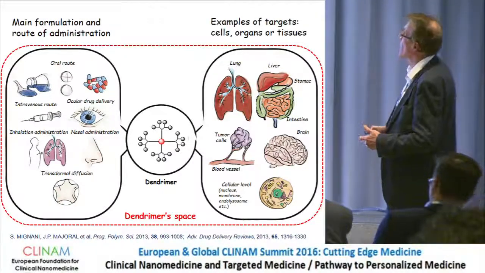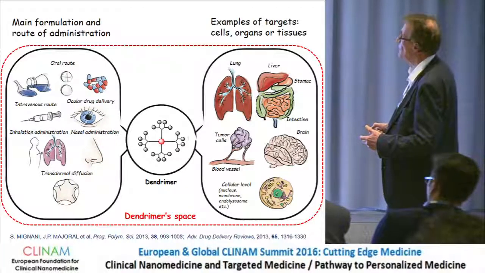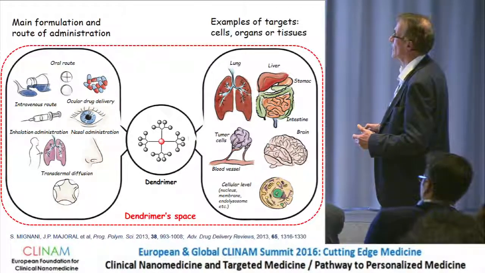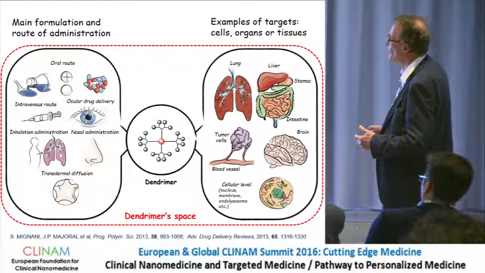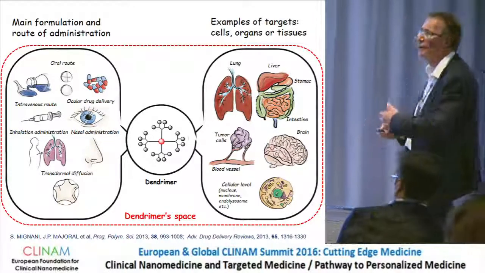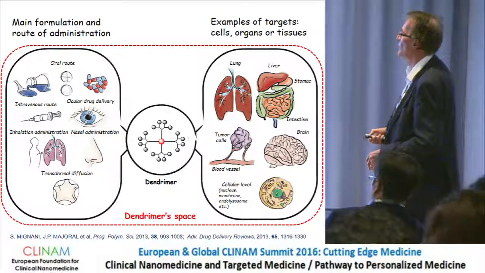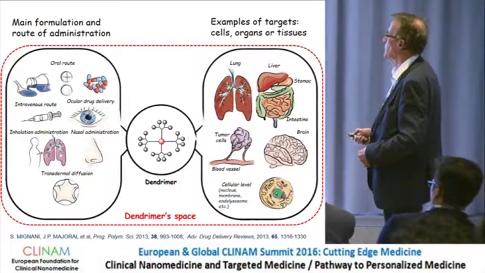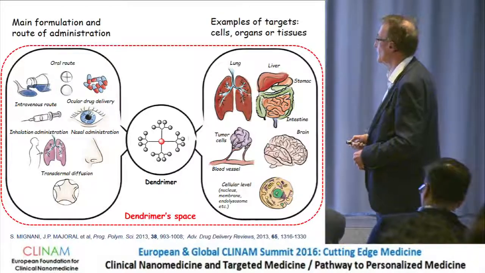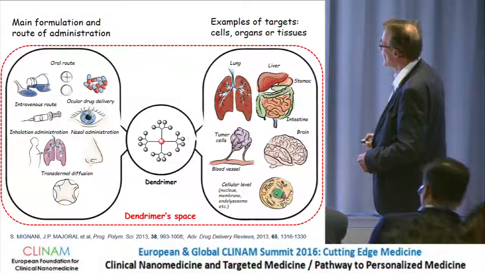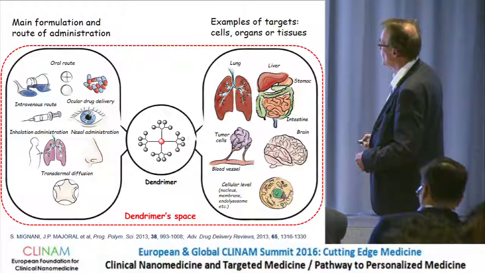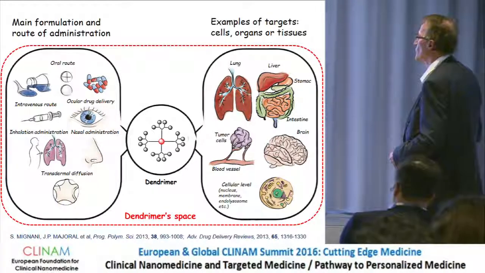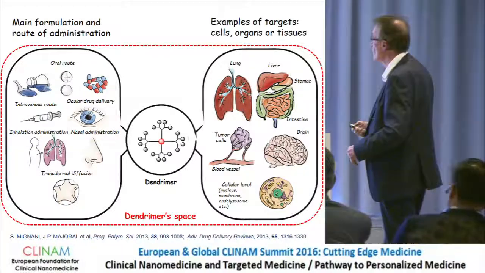I have illustrated the intravenous route, oral route, also the nasal administration, but there are some other possibilities we were developing, but this is another topic in which we are working with inhalation administration and transdermal diffusion. And this fit perfectly with our concept of dendrimer space, which we have developed in a review recently.